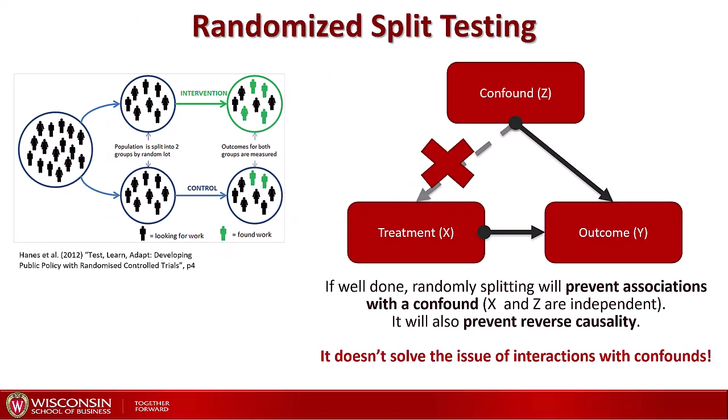When you pick a sample from a population and toss a coin or use a random number generator to assign them to various groups, you know that the assignment to a group doesn't depend on a third variable z. So you know that x isn't associated with a confounding variable. In this case, x and z are independent, and that's why sometimes analysts will say that x is an independent variable.